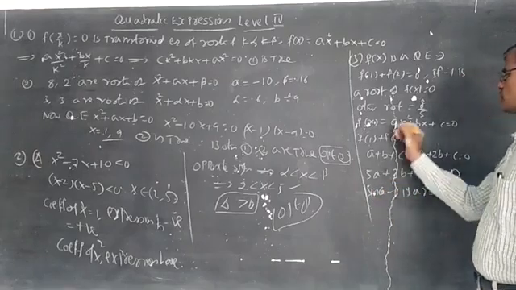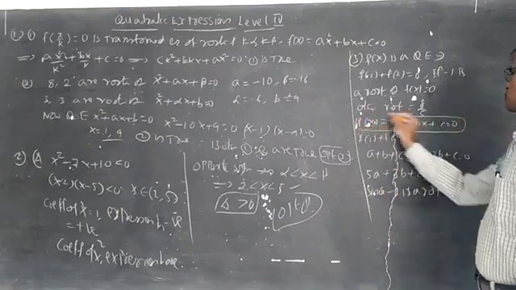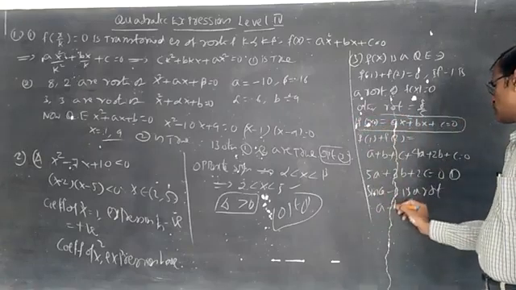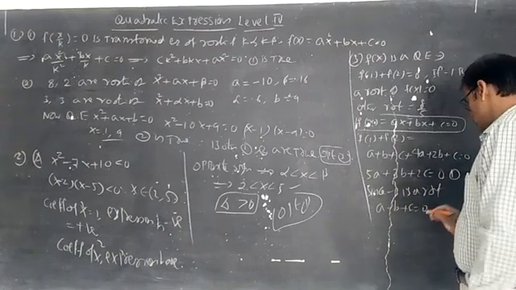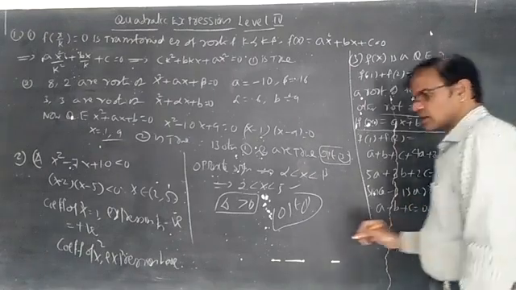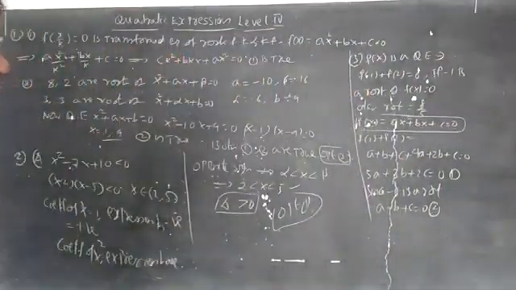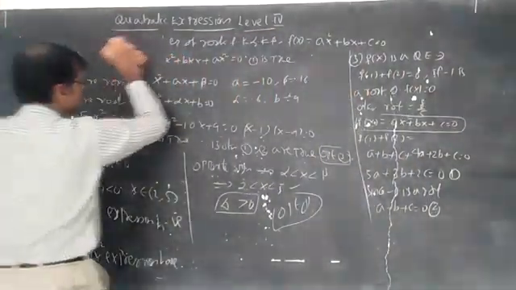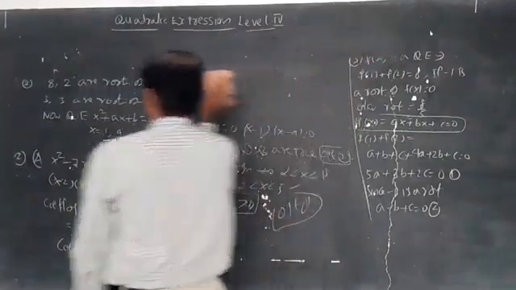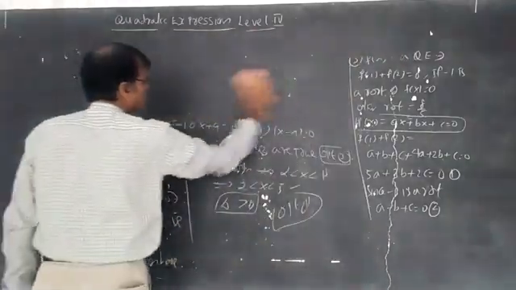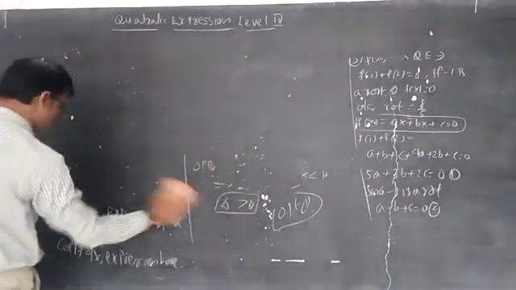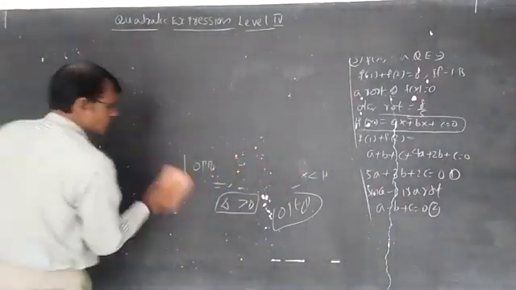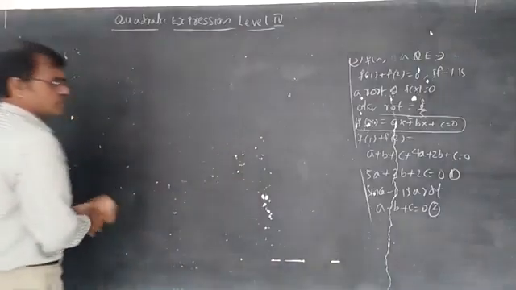Since minus 1 is a root, substitute here in f of x. It becomes a minus b plus c is equal to 0. This is equation number 2. Depending upon the first and second equations, we get the value of c. Of course, the two roots you can calculate using the product of roots concept.